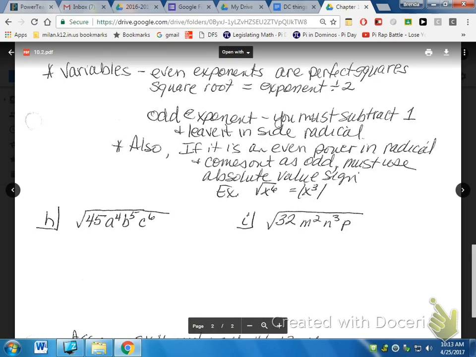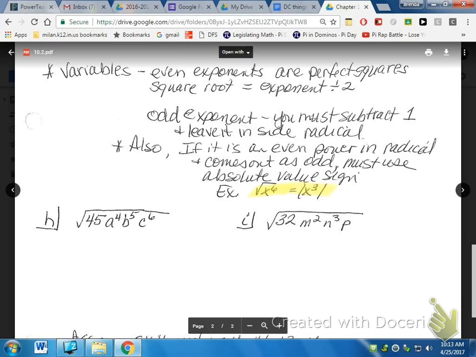The example I'm showing you is a good example. If it's x to the 6th on the inside and you bring it out, you take 6 divided by 2, that's x to the 3rd. It was an even inside and came out as an odd. Those must have an absolute value symbol around them so you do not get incorrect negative values.